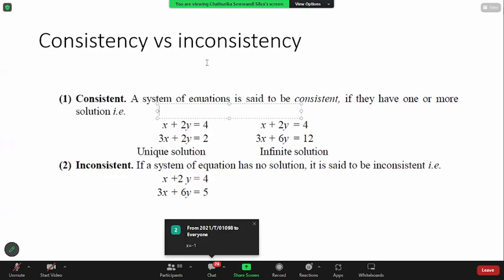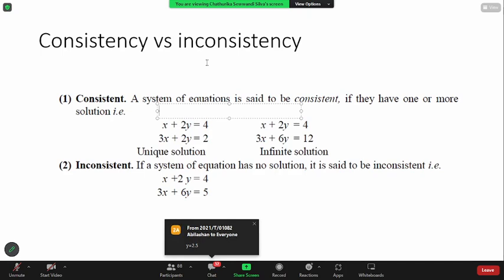x is equal to minus 1. Then what is y? x is equal to minus 1. Then what is y? y is equal to 2.5, 5 divided by 2. Okay, x is equal to minus 1, y is equal to 2.5.